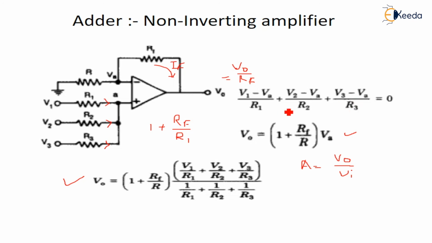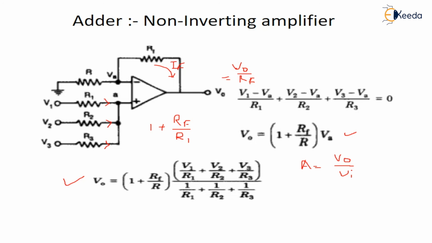After simplification, if VA is grounded, then V1 divided by R1 plus V2 divided by R2 plus V3 divided by R3 is equal to V out divided by RF. So I substitute all the equations here, and V out is equal to 1 plus RF upon R times V1 upon R1 plus V2 divided by R2 and so on.